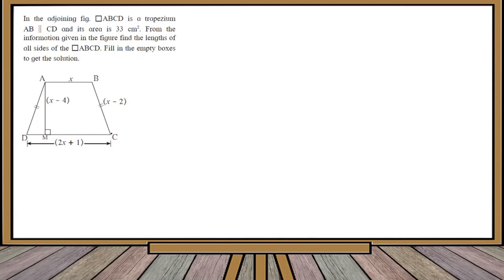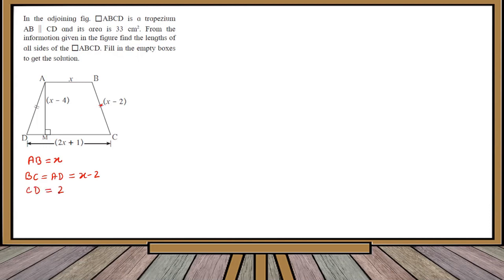From the figure, we know that AB is given as x, and the marks show that BC is equal to AD, which is equal to x minus 2. Now CD is given as 2x plus 1.